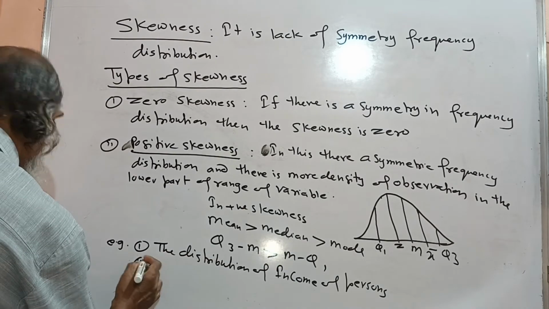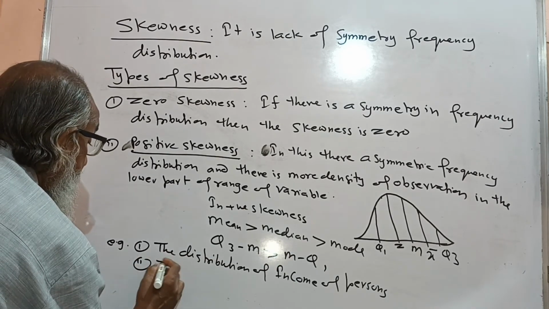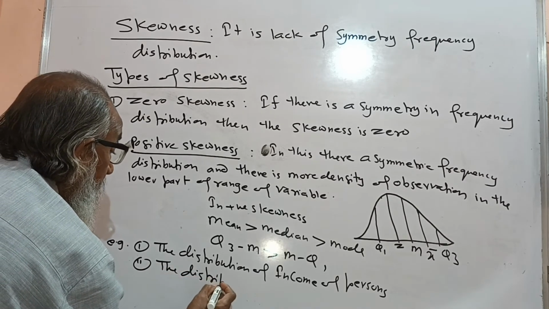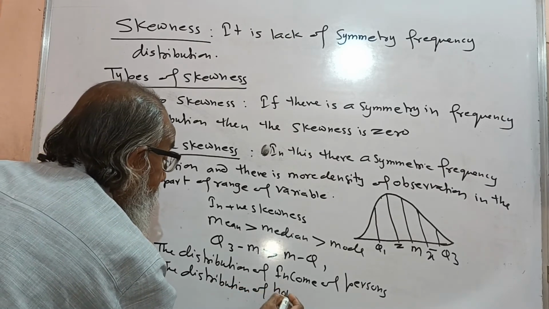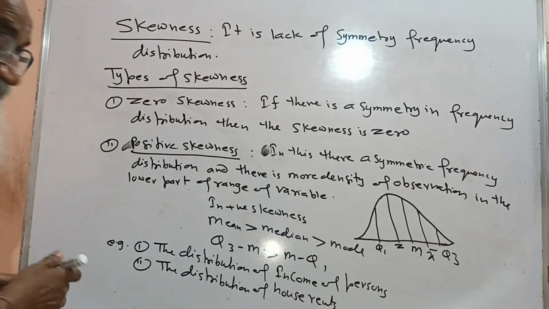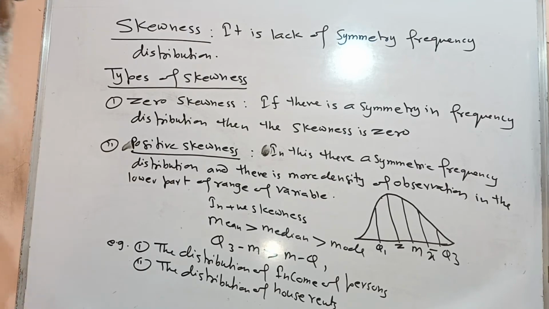Second, the distribution of house rent. This is the positive skewness.